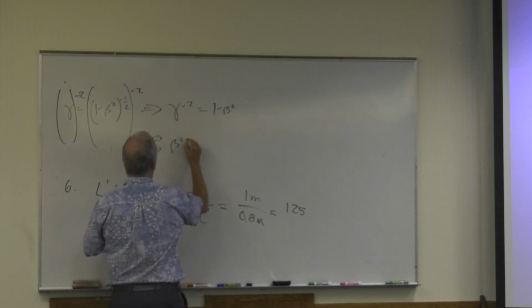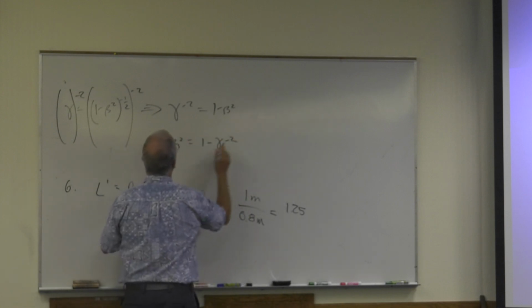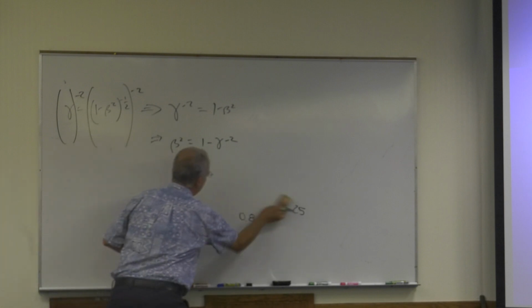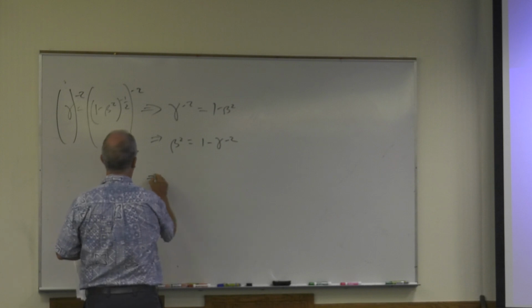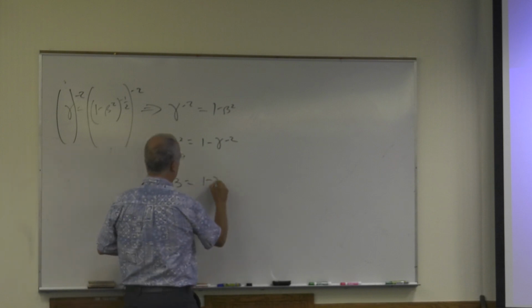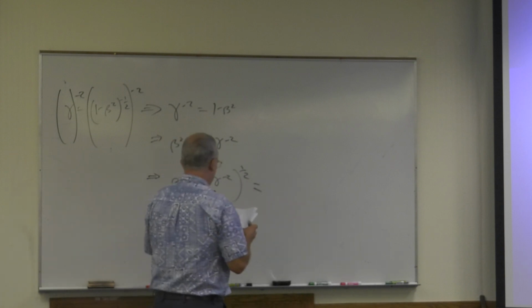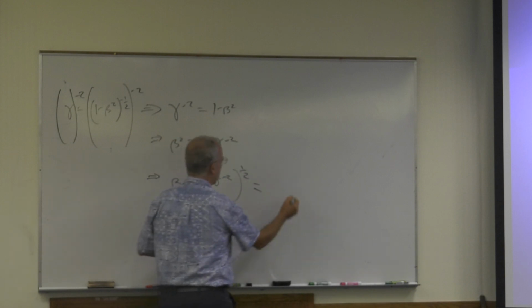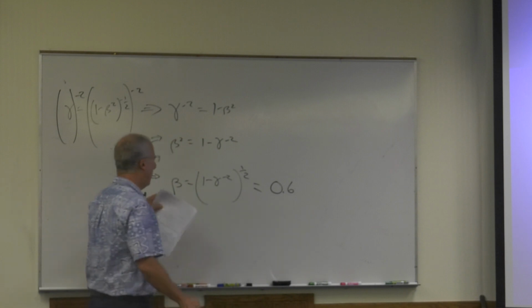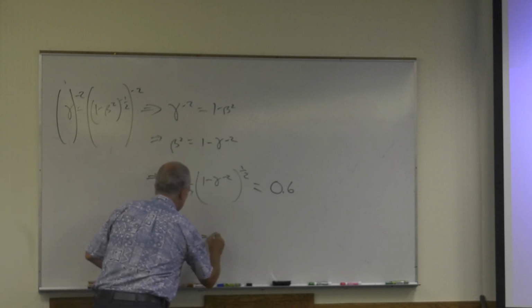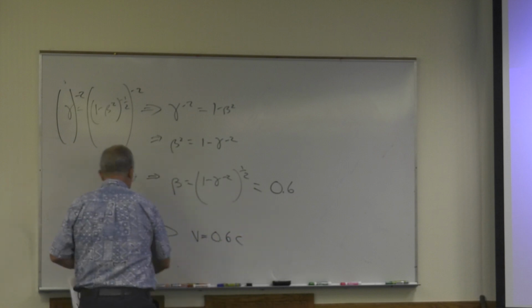Therefore, beta squared equals 1 minus gamma to the negative 2. Therefore, beta equals (1 minus gamma to the negative 2) to the 1/2 power. And you plug it in, I promise you, you get 0.6. So beta is 0.6. That means that the velocity is 0.6 c.